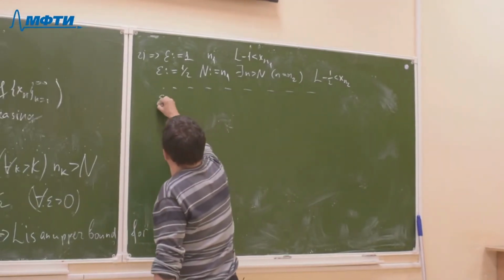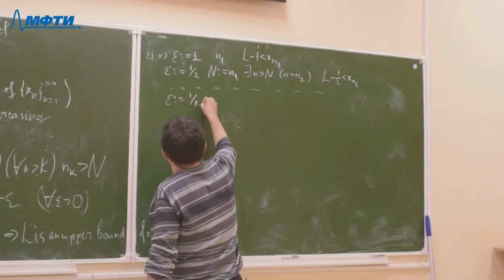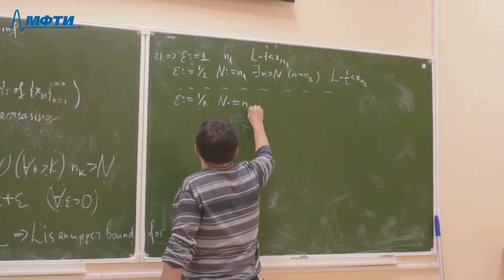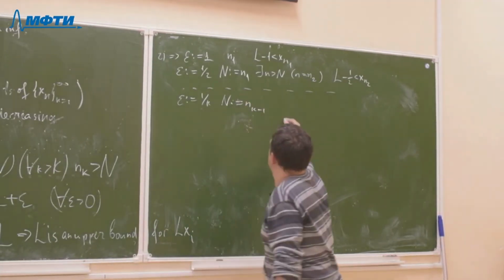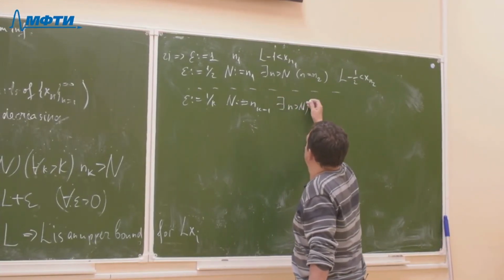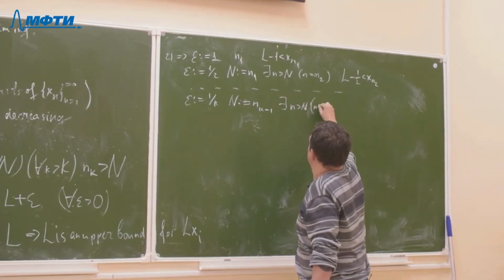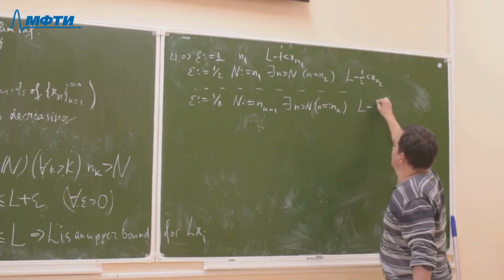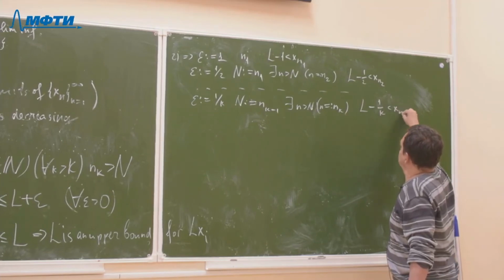So epsilon 1/k, capital N is n_{k-1}. There exists n greater than capital N, and in fact it will be n_k now, with L minus 1/k less than x_{n_k}.